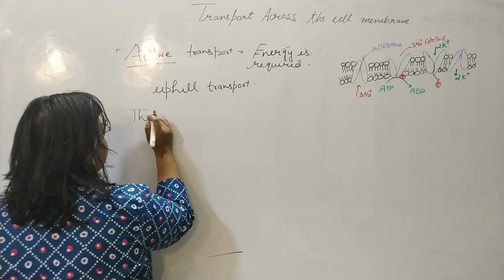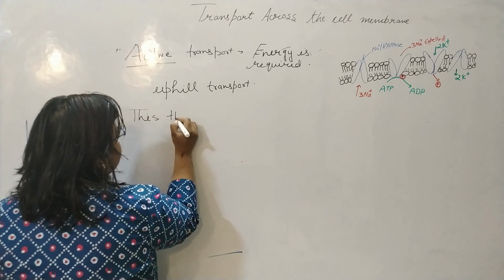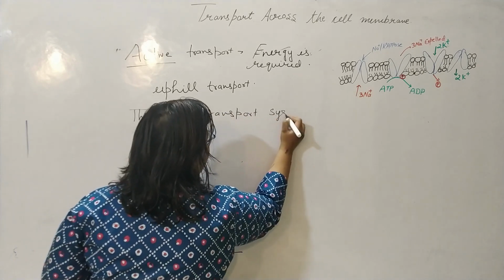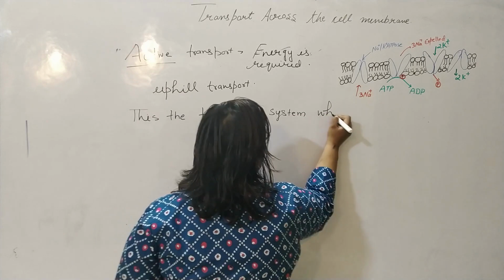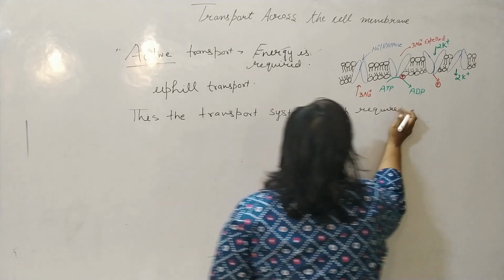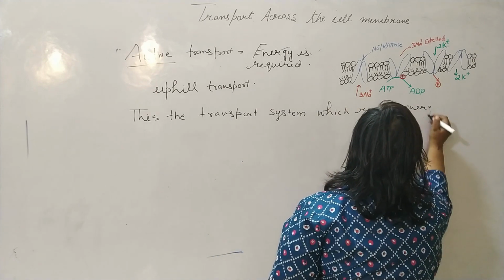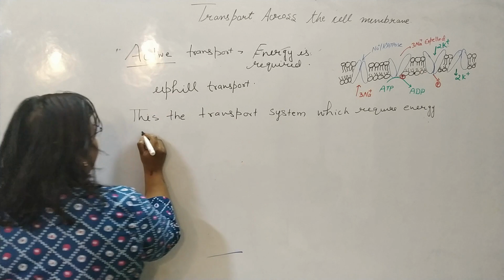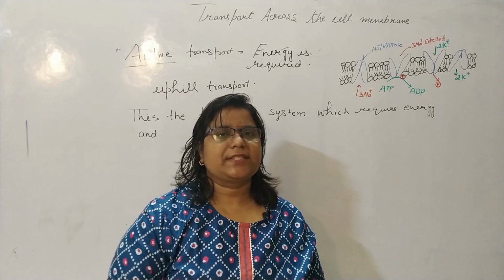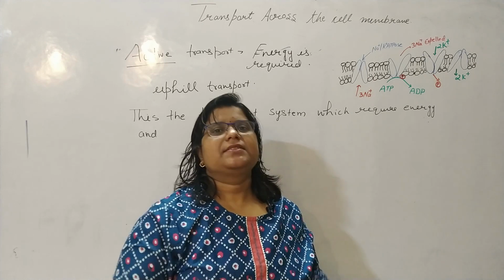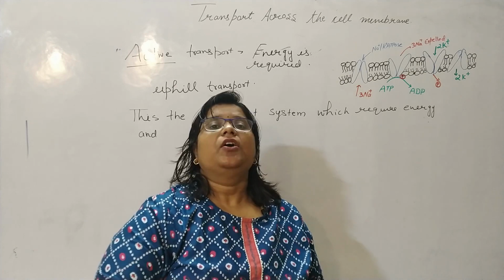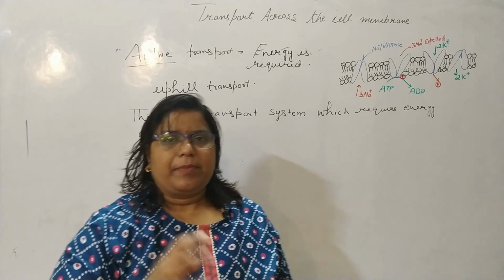Okay, this is the transport system which require energy, and particular transporter proteins are required in this process. Means in the active transport, particular transporter proteins which are embedded already in the plasma membrane.